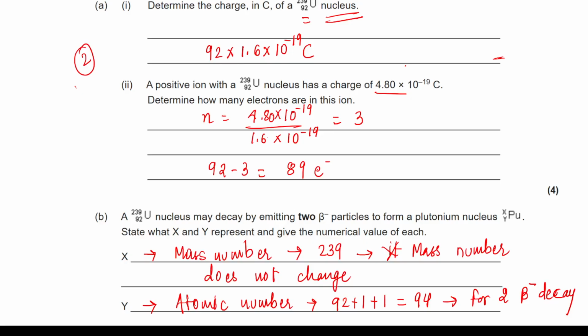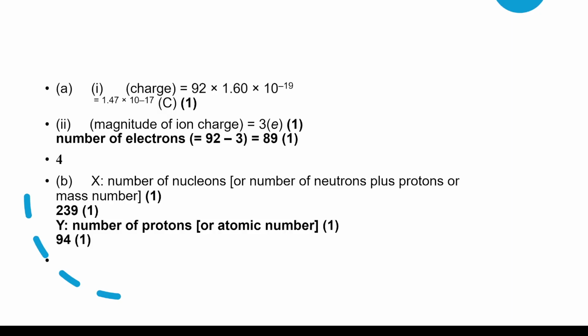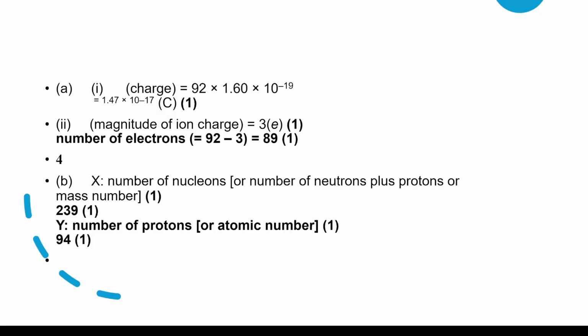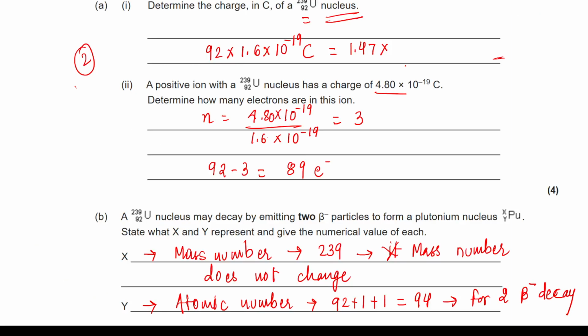How many electrons are in the ion? So we got that 89. I'm just going to take the value from the mark scheme, not using my calculator, but I think you got it.